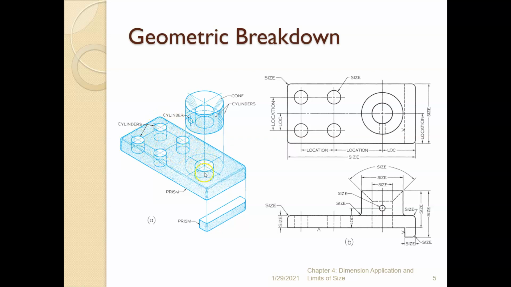Another negative cylinder right here. A negative cylinder that runs horizontal. A negative cylinder through the positive cylinder here, and then finally a negative cone. So that's going to help us to step through the dimensioning process to make an accounting list so that we can make sure that we have all the features dimensioned and we've dimensioned them properly.